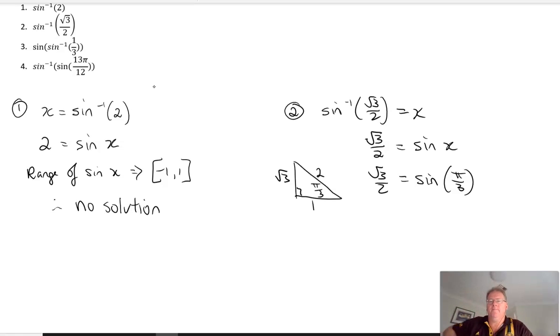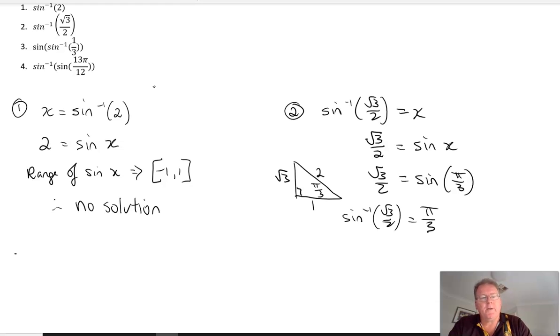So moving back to our final solution, the sine minus 1 of root 3 on 2 is pi on 3. Okay, is that okay? Is that within our domain for the function, minus pi on 2 to pi on 2? Yes, it is. So there's my solution.